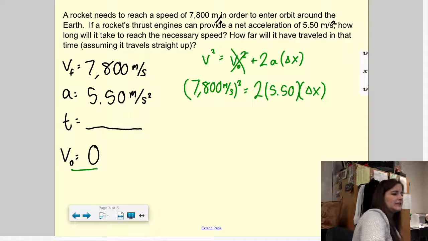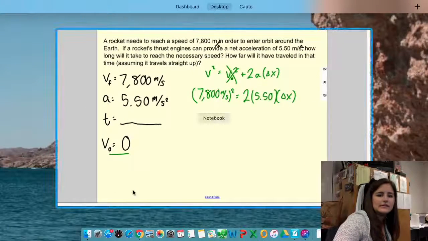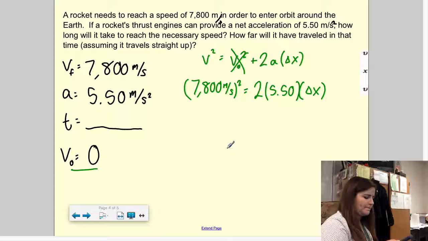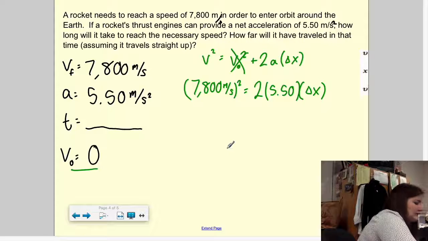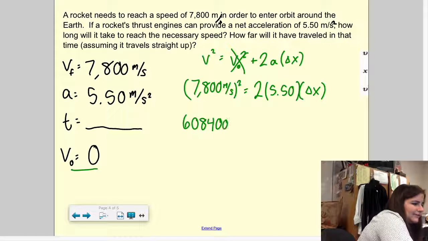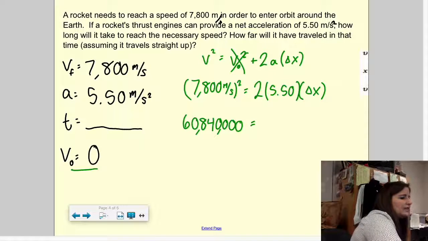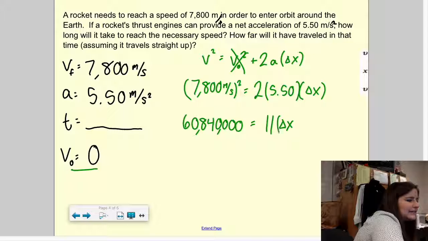So 7,800 meters per second squared is a big number. It is 60,840,000 equals 2 times 5.5, which gives us 11 times delta x.